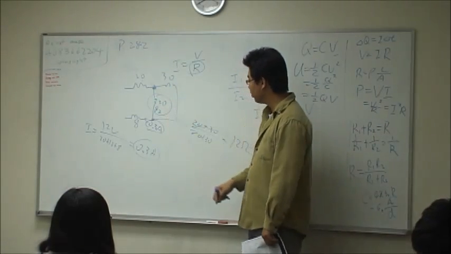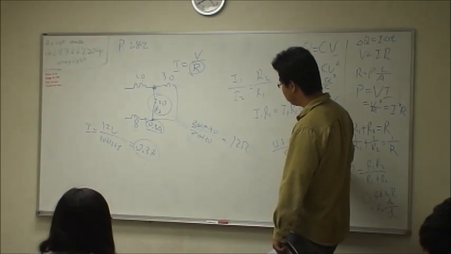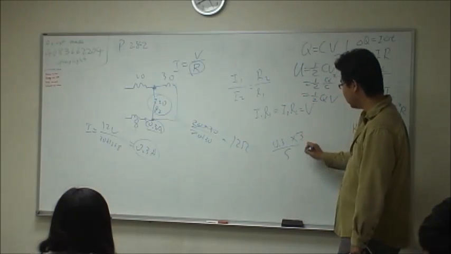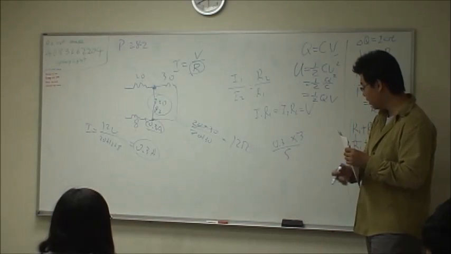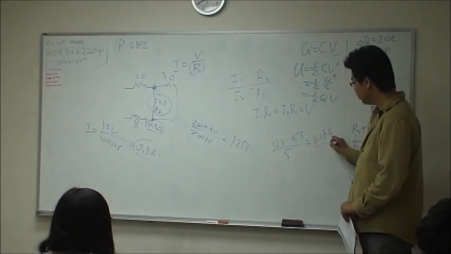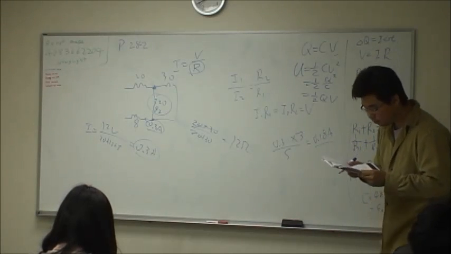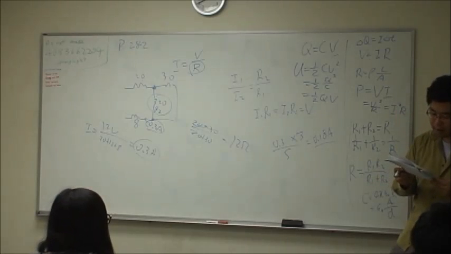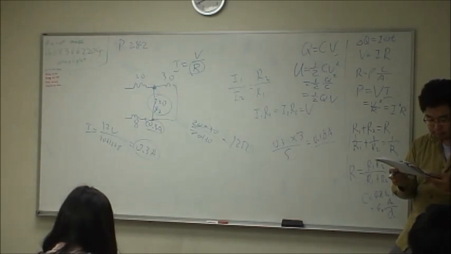This one will be proportional, so 0.3 over 5 times the smaller one is the larger part, so the current will be 0.18. Okay, makes sense? And through R3, part C, just 0.3 minus 0.18 is 0.12.